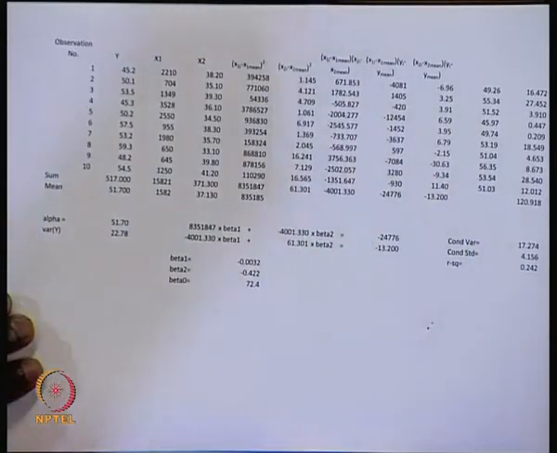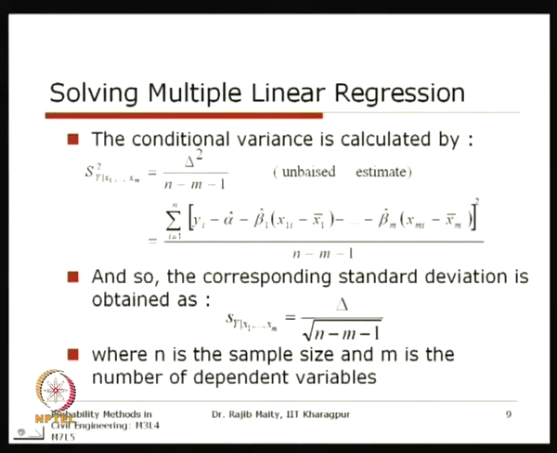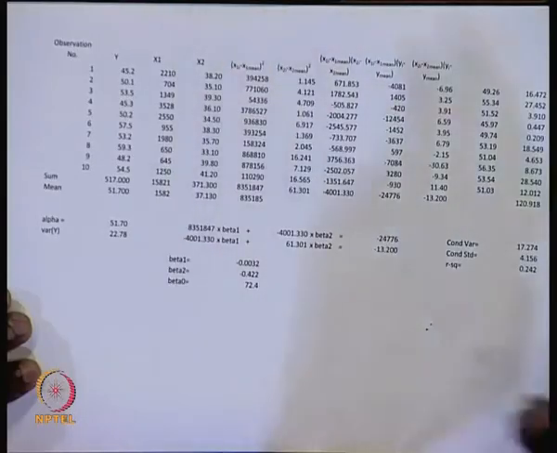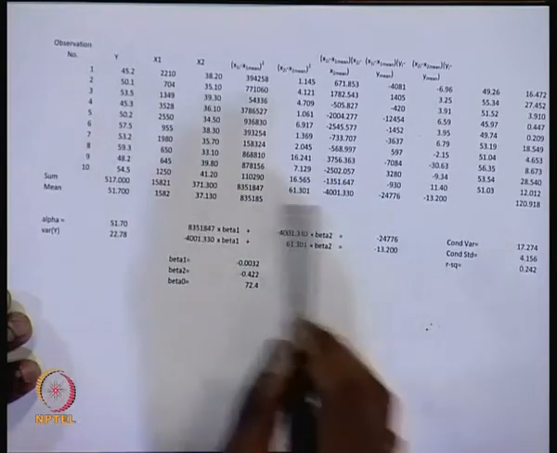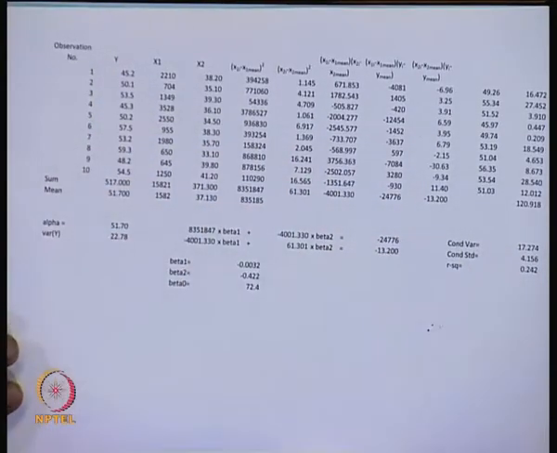Generally, if the altitude increases, we know the temperature will decrease, and if the latitude also increases, the temperature generally decreases. So, suppose we take that type of data here.